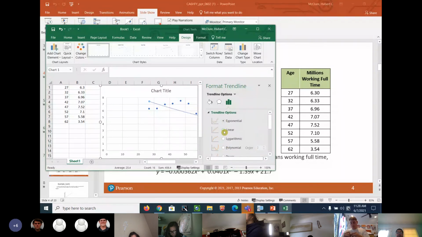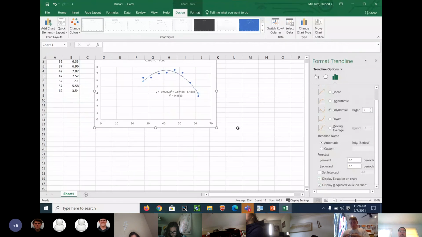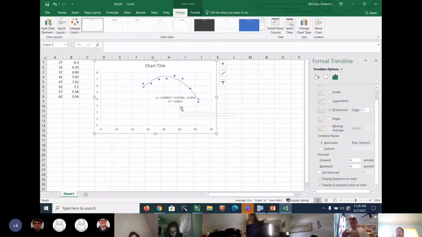Nope. Polynomial is going to be about the best one. And see, you only see part of it. Display. And see, it's only going to give you a square. So you're only limited. You might could hit to the third. There we go. I hit polynomial and I went to the third.